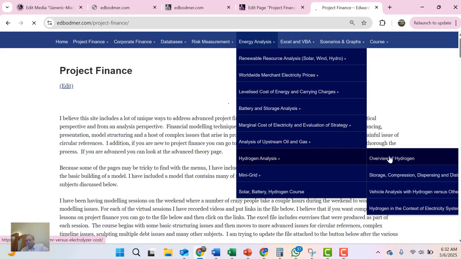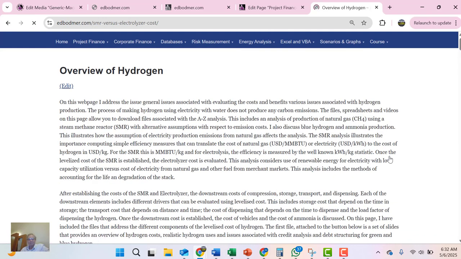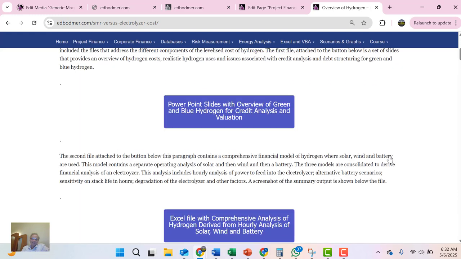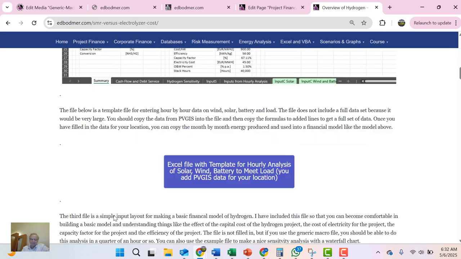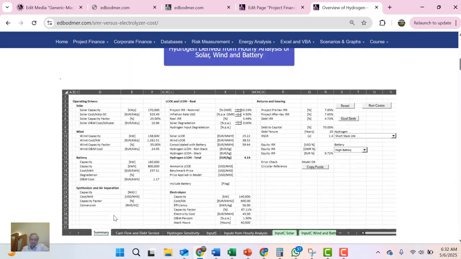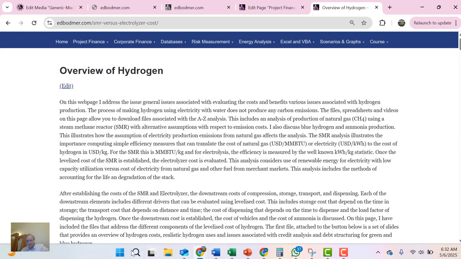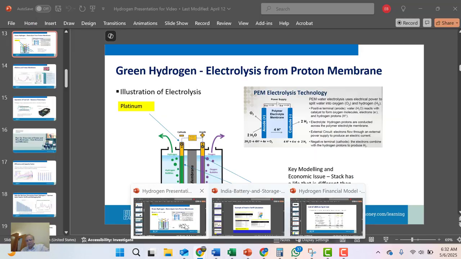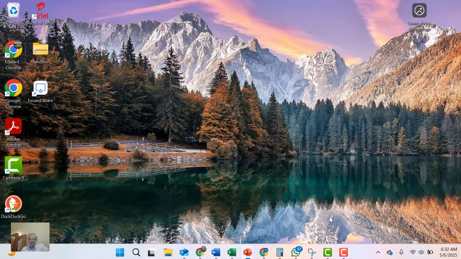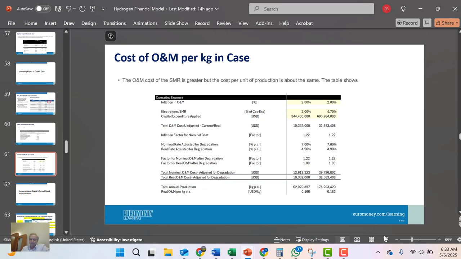In the overview of hydrogen, right there on that page, it says edit PowerPoint slides. I'll put these PowerPoint slides there, and then some Excel files, and this is the financial model, and I'll do the LCOE, so you can work through all of that. Okay, and here we go.